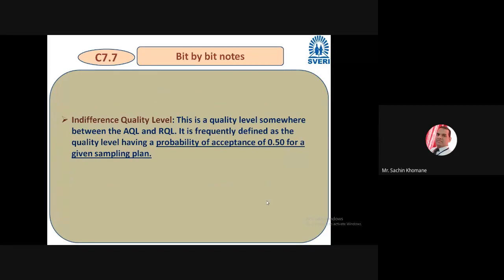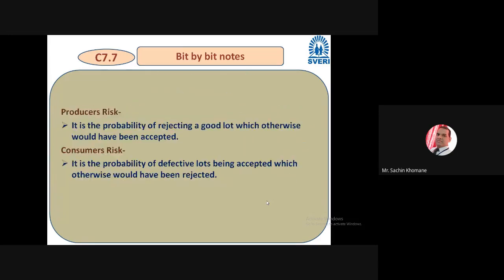This is the quality level somewhere between AQL and RQL. It is basically the difference between AQL, acceptance quality level, and rejected quality level. Whatever difference is there, that is the indifference quality level. Right? So this is about this particular graph.